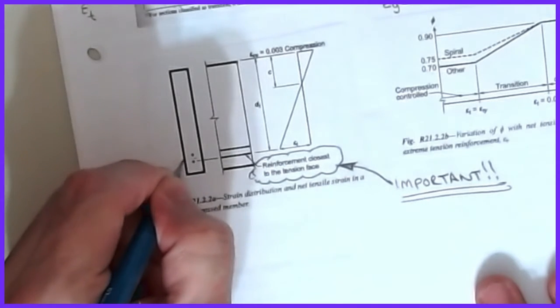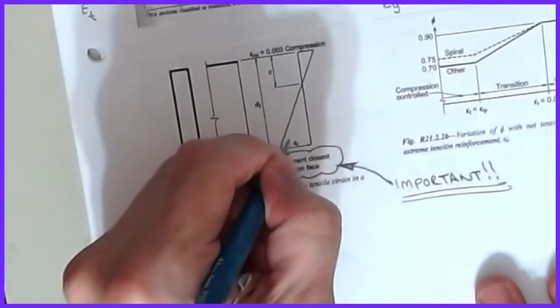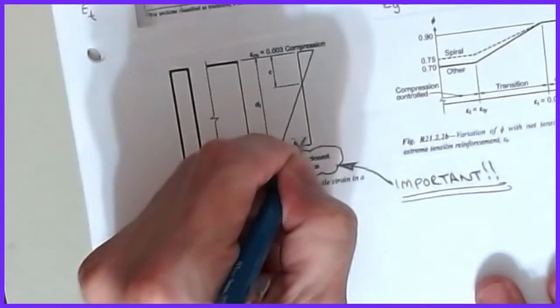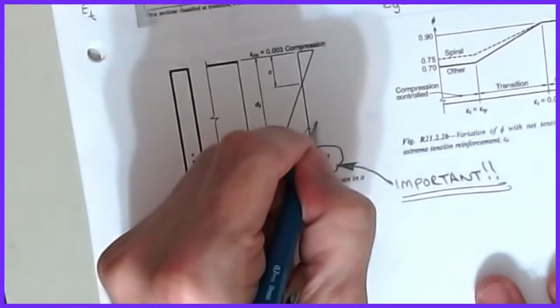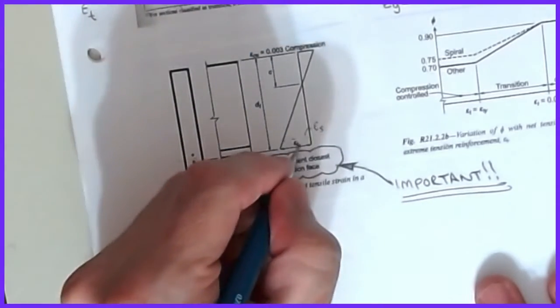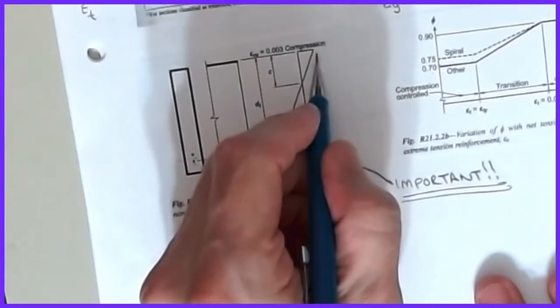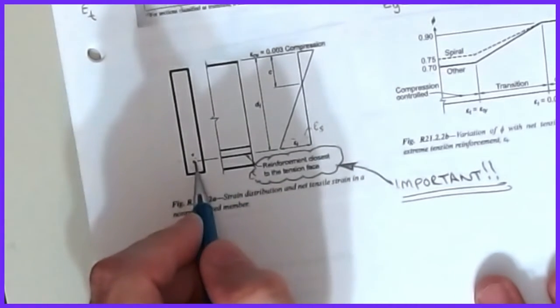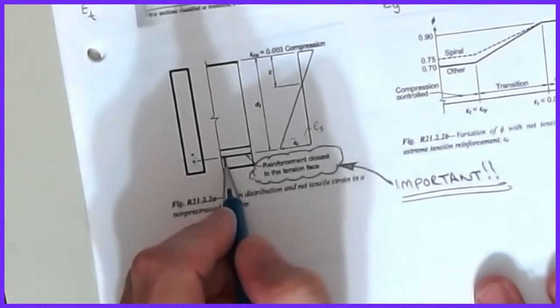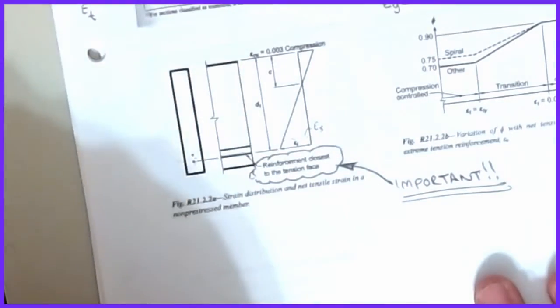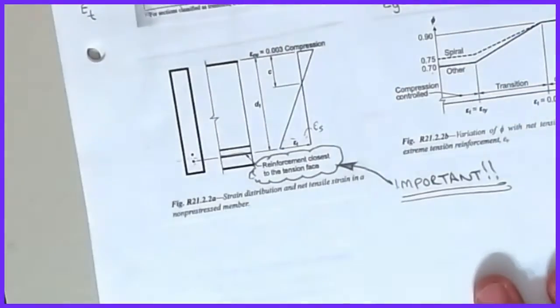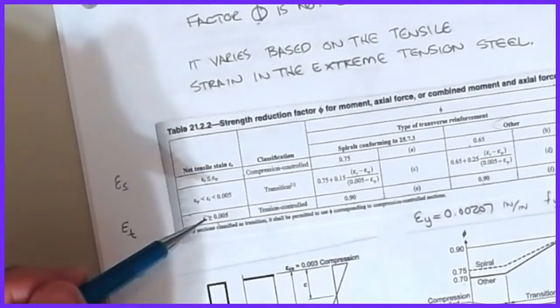Going to the middle of the bars got me, if I calculated the strain, which would be up at some point here, would get me epsilon s. That would be epsilon s. Epsilon t is the largest strain in the bar, in any of the bars on that side. So in this case, because the strains get bigger as I go down, we're going to go all the way down, and we're going to take the line of this epsilon t, okay, the line at the bottommost bar as my epsilon t value, and that's what you plug in to this table to determine phi.